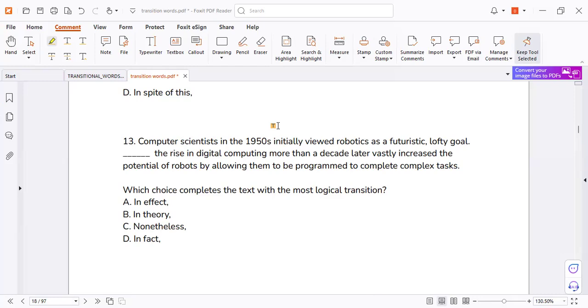Does he explain the same idea in theory? No, it's a contrast. Look, initially viewed robotics as a futuristic lofty goal. So go for the next. Okay. So they found it to be a complex task. It's contrast. They found it harder to do. Feel it? So that's why. So now here we found for letter C nonetheless. Of course, in effect means cause and effect. As you said, in effect. Try next.